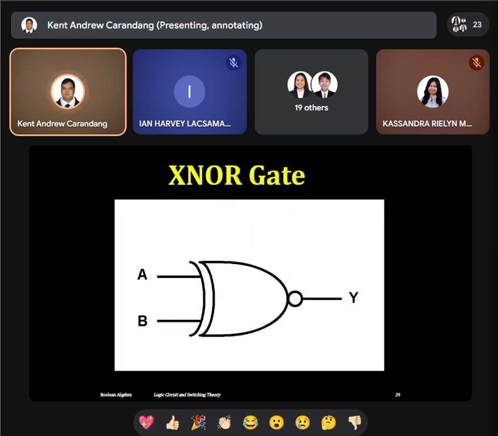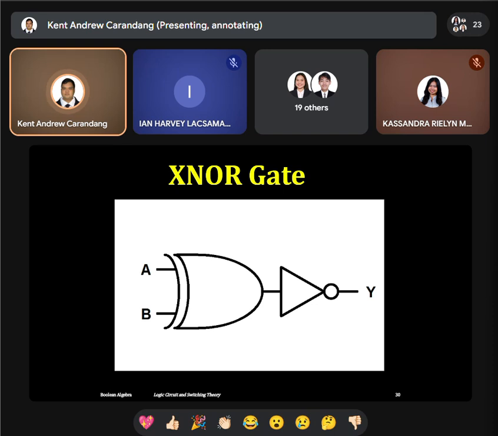This is the schematic: just add the bubble at the end. It is just an XOR gate, and if you add the bubble, it becomes XNOR.